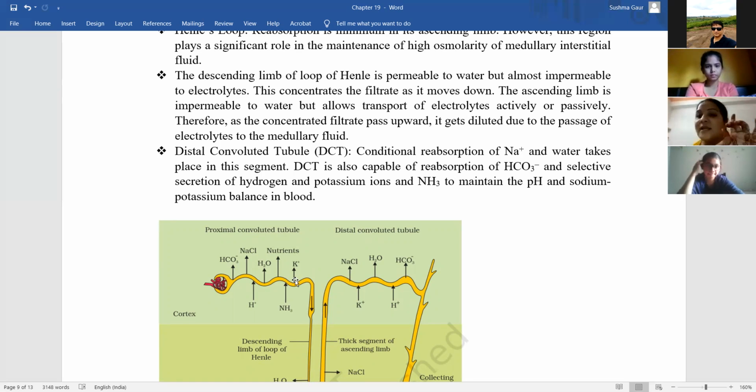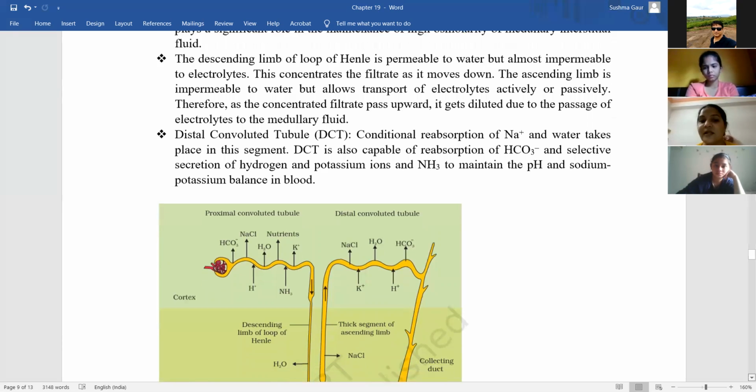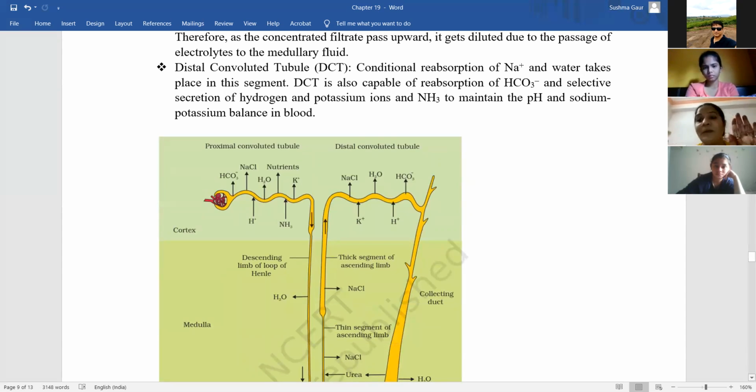Because the descending loop of Henle is only permeable to water and impermeable to electrolytes, while the ascending loop of Henle, this is descending loop and this is ascending loop, is impermeable to water and is permeable to electrolytes. So they have different functions.